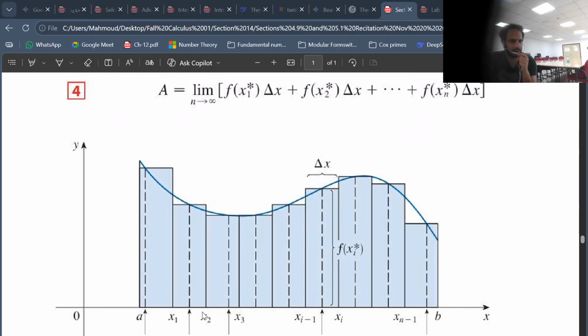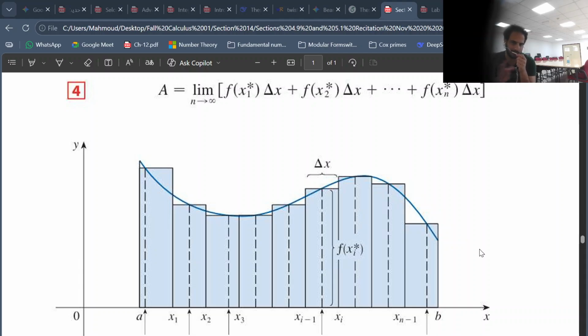See here, between A and B, we divide the real line into n equal sub-intervals, right? When you want to find the height, you can draw the rectangle by choosing sample points. For example, x1 star here. So make this the height, the image of x1 star. Look at x2 star. So you can choose sample points, not necessarily left points, right points or midpoints.